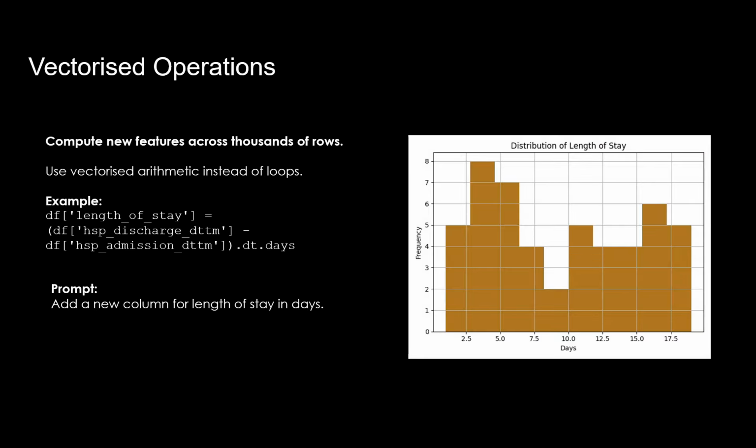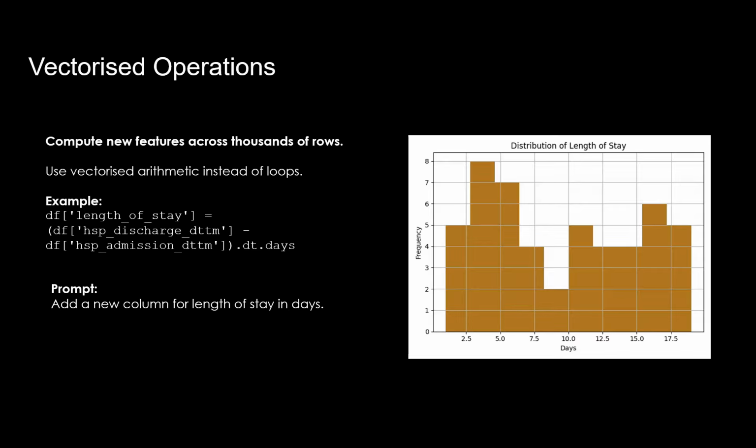Now, one thing that we do when we have a data frame is when we apply mathematical operations to it, we are typically applying vectorized mathematics, which is kind of like matrix math. If you've ever done some linear algebra work, it is a very efficient way for the computer to be able to do mathematics against a data set.